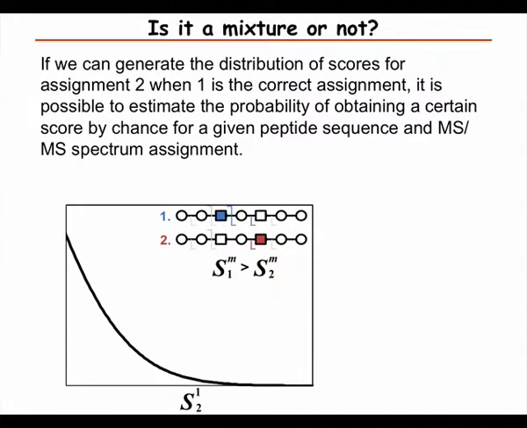But we can of course go on. The next step is that if 1 is correct, what's the chance that it would be a mixture of 1 and 2? Then we can turn it around and do the same kind of analysis, but now assuming that 1 is correct.